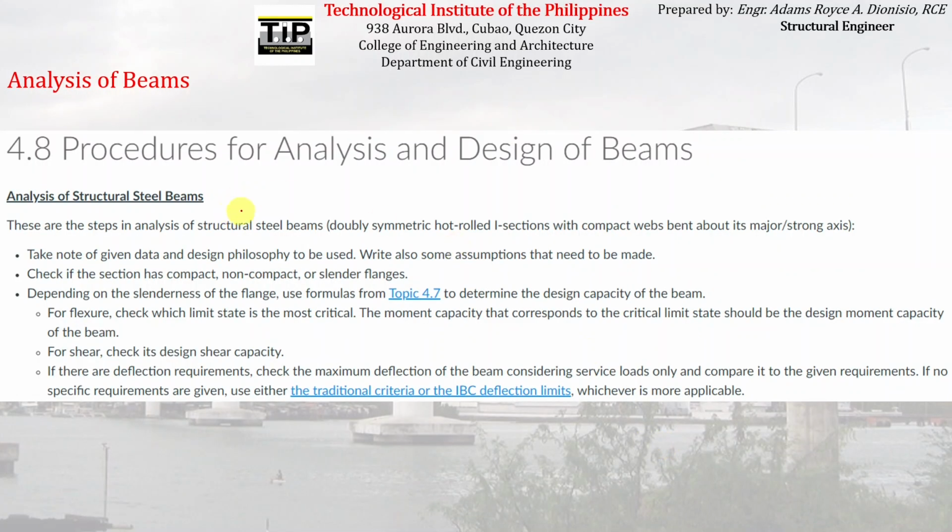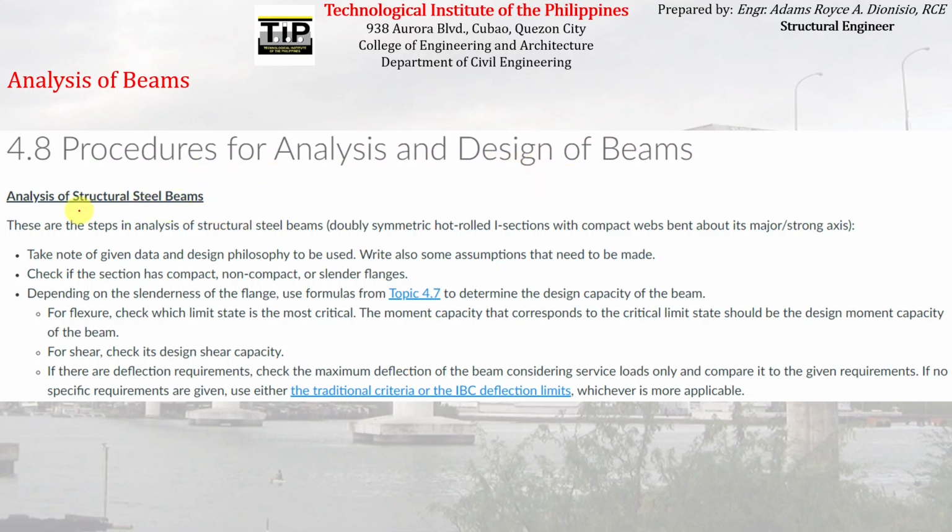Okay, so these are the corresponding procedures for the analysis and design of beams. Since we are already familiar with the different code provisions that we have to check in order to analyze or design a beam, we will now move on to the different procedures or steps that we have to undertake whenever we analyze or design beams.